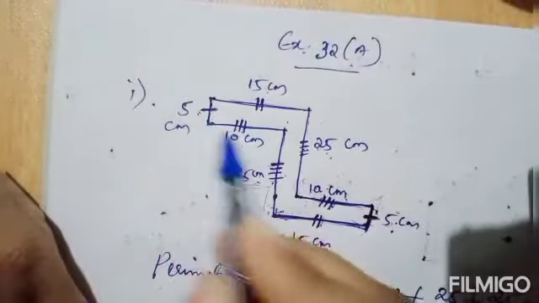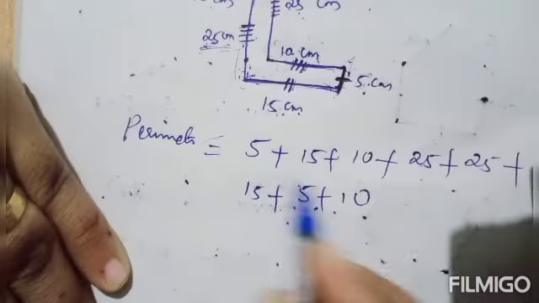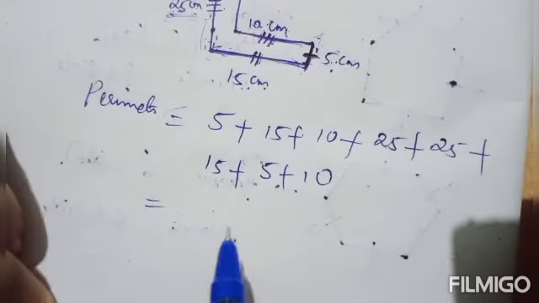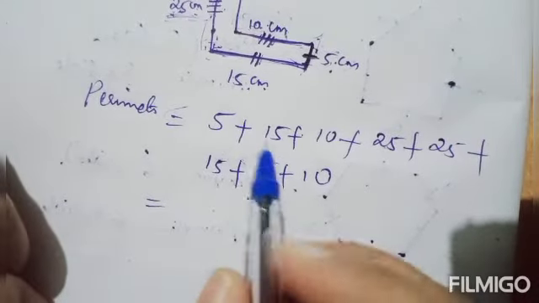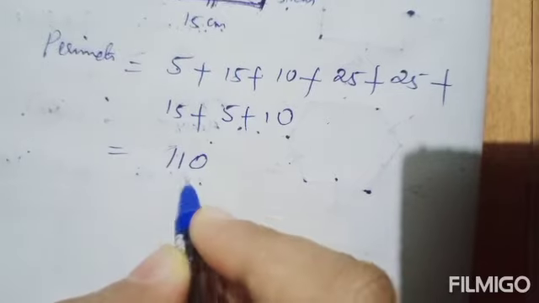Okay, in total 1, 2, 3, 4, 5, 6, 7, 8 sides are there. So sum of the length of those 8 sides we are taking here to find perimeter. Okay, on adding these you will get 110.